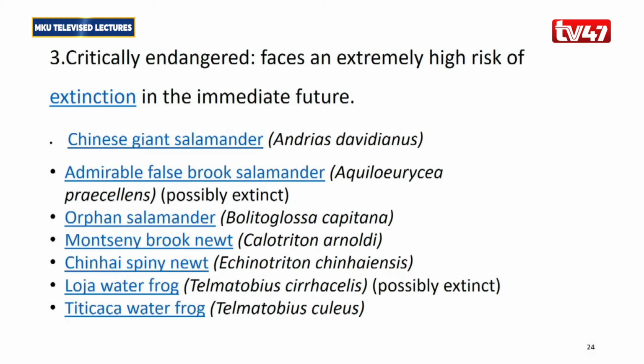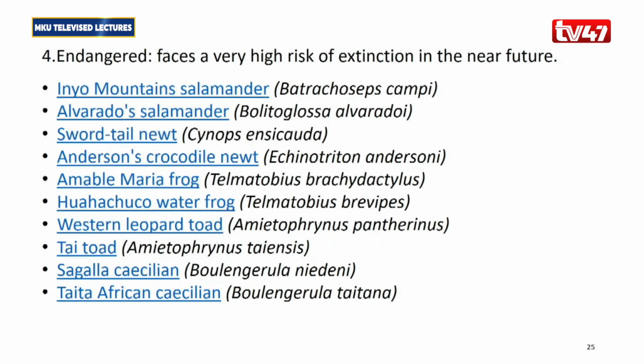Examples include the Chinese giant salamander, the admirable false brook salamander, the orphan salamander, the Montesi brook newt, the Chinhai spin newt, the Lodger water frog, and the Titicaca water frog. These are examples of amphibians facing that category.